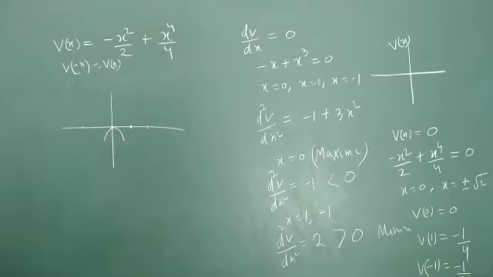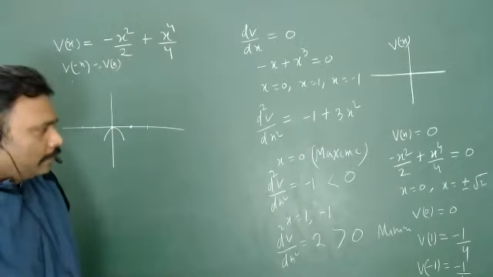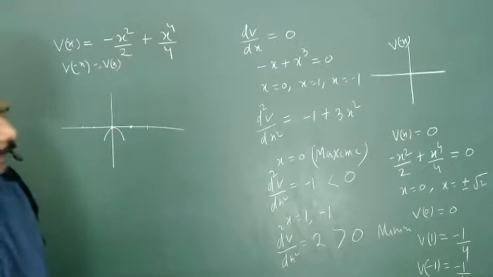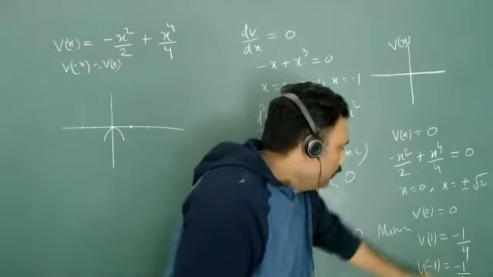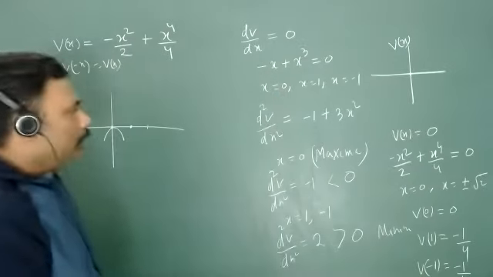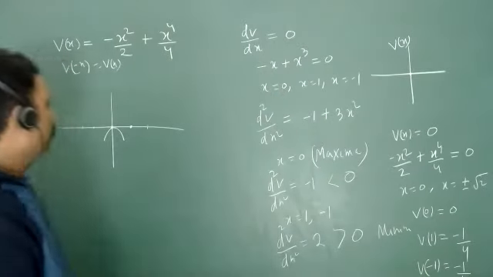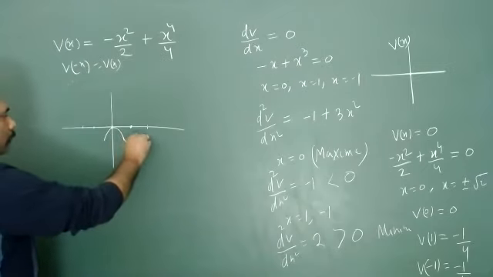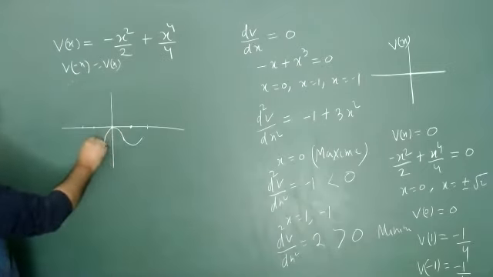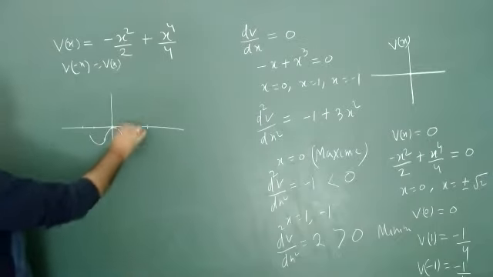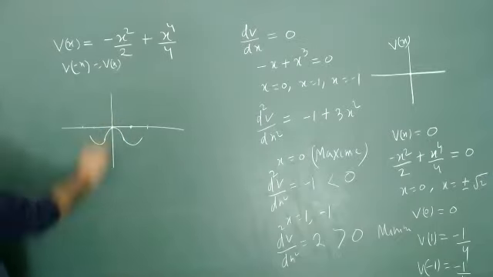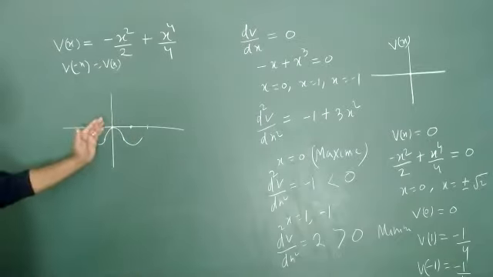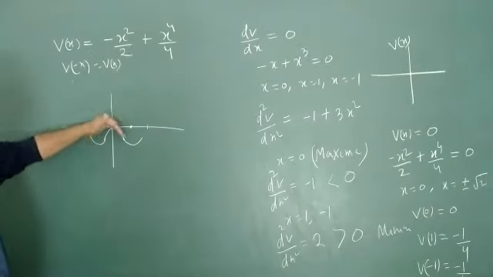Great. What happens at x equal to 1 and x equal to minus 1? These are minima, so we have concave upward. So these points are transition points. The potential will change its direction.